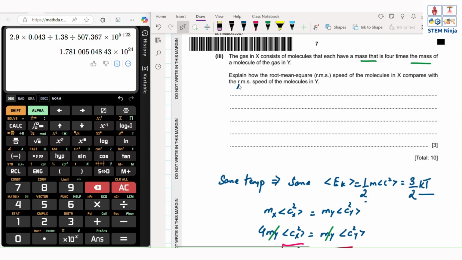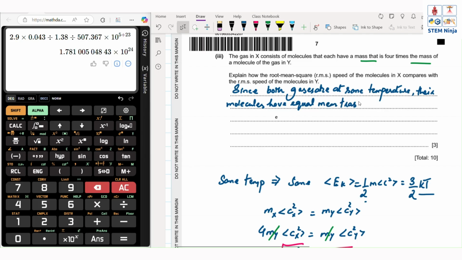So since both gases are at the same temperature, their molecules have equal mean translational kinetic energy.